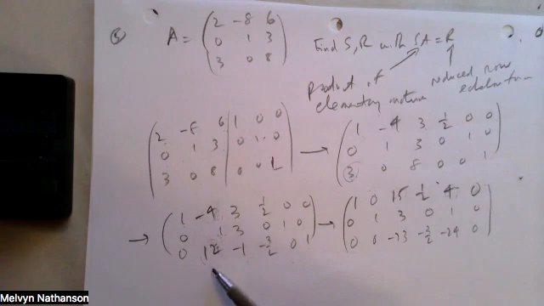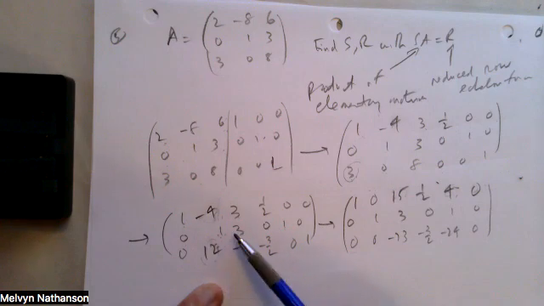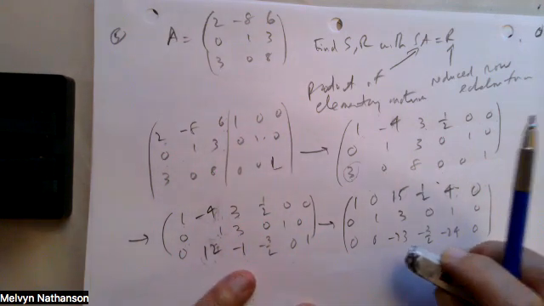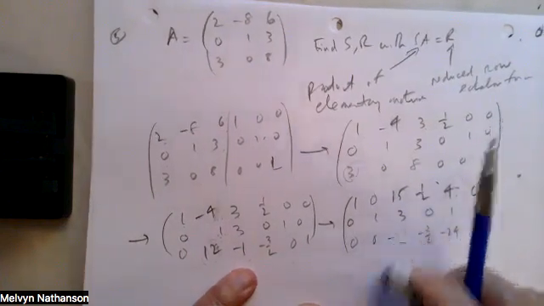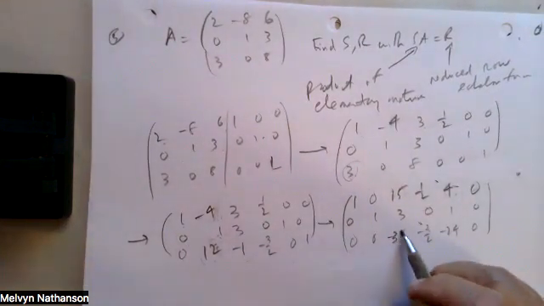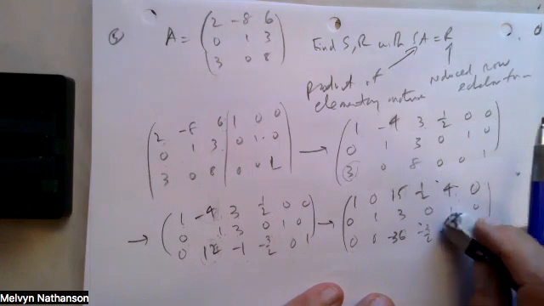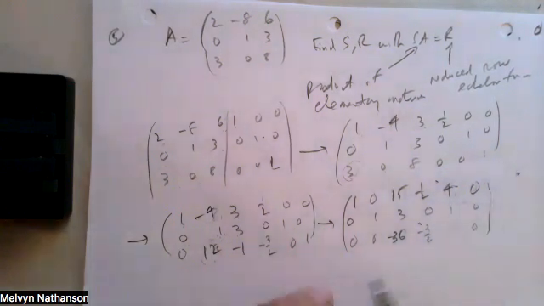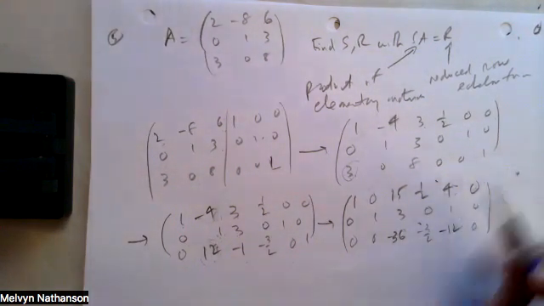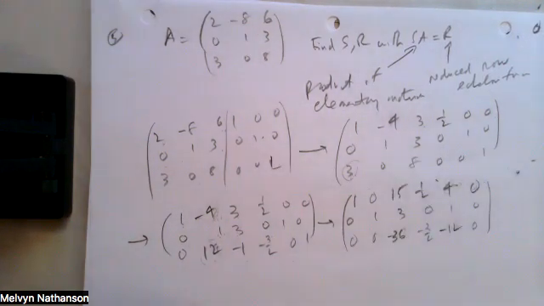And I want to get a 0 here. So I subtract 12 times the second row. 0 minus 0, 12 minus 12, minus 1 minus 36 is minus 37, minus 3 halves, 0 minus 12, 0. Okay.